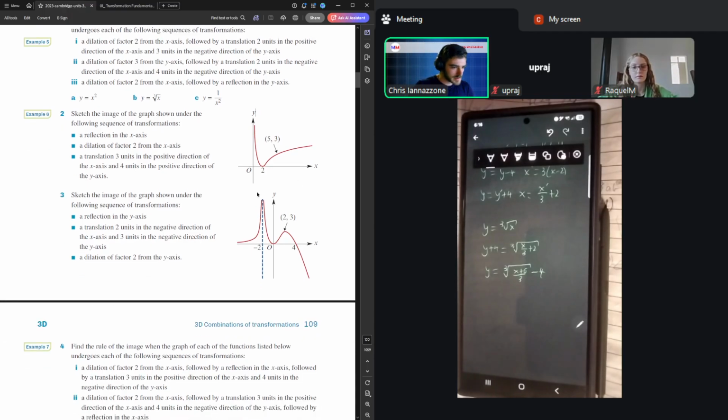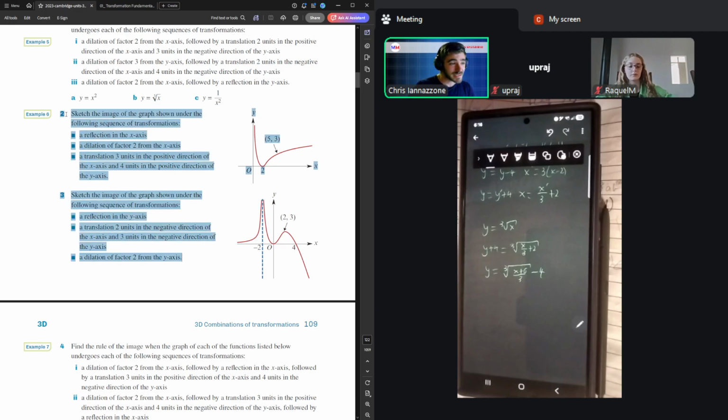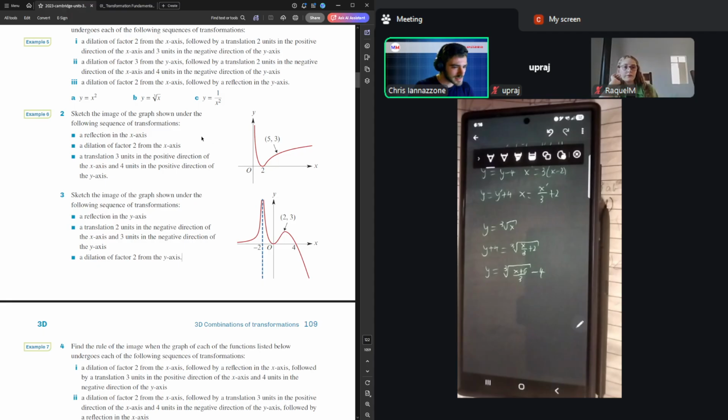One of the things that the textbook will do, more so than anything else, maybe a SAC might do, is these things in questions 2 and 3 here, where they give you a non-typical function and ask you to sketch that graph after having applied a sequence of transformations to it.